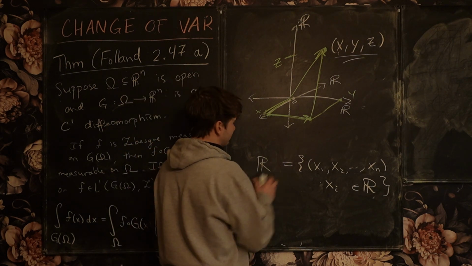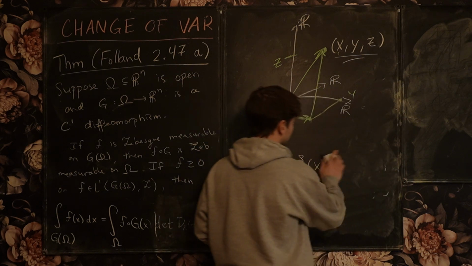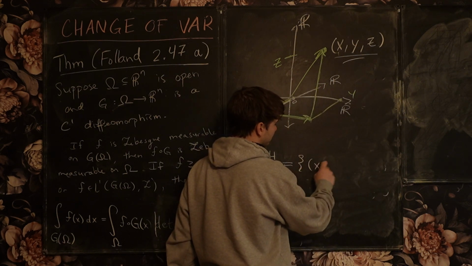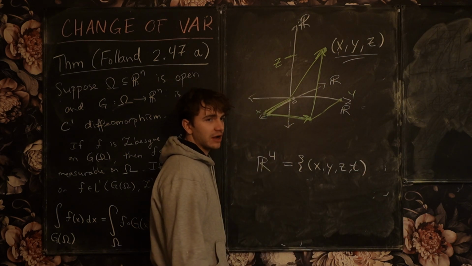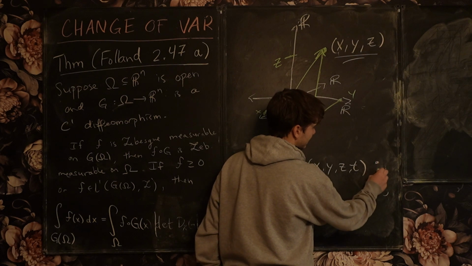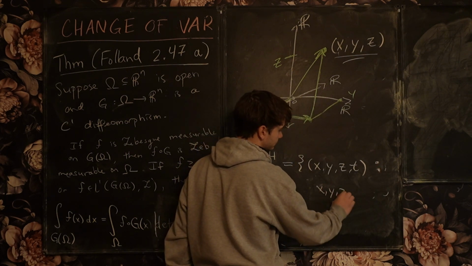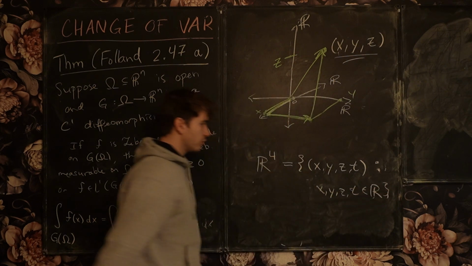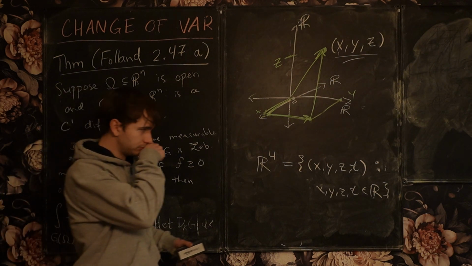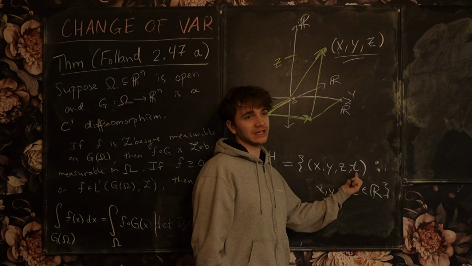So if we take a look at R4, how might we think to describe this? Well, one way you could say is let's specify 4 real numbers now: x, y, z, and t, such that all of these numbers are real numbers. Now, one way I can think about this is that I can think of this fourth coordinate as like time.